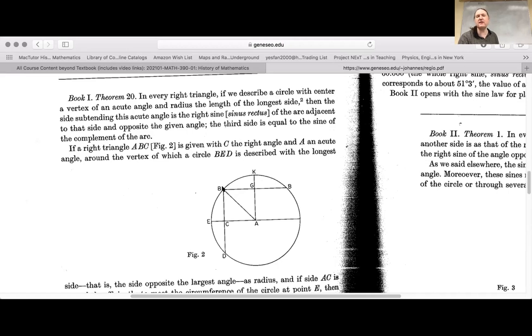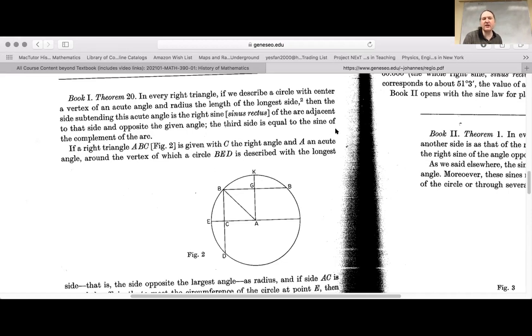So BC here is the sine. It's worth noting that for them, the sine is a length, not a ratio, in a fixed particular circle. So it's a little different than the way we do things. You could say that this is a unit circle, but they did not say that. But aside from that, it's the right idea.